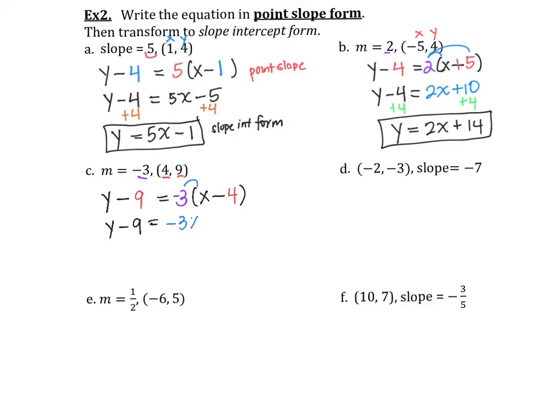Negative 3x, minus 3 times minus 4 cancels to plus. 3 times 4 is 12. 12 plus 9 is 21. So y equals negative 3x plus 21 is my slope-intercept form.